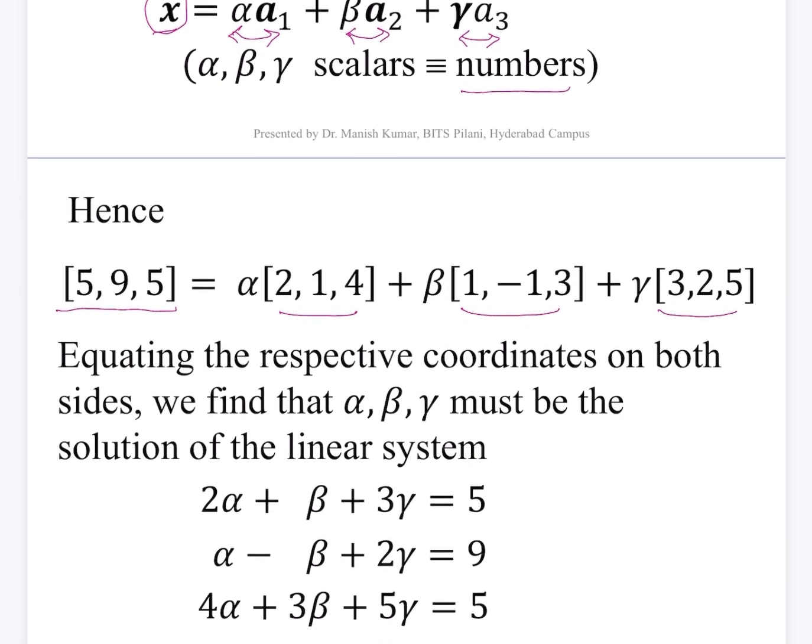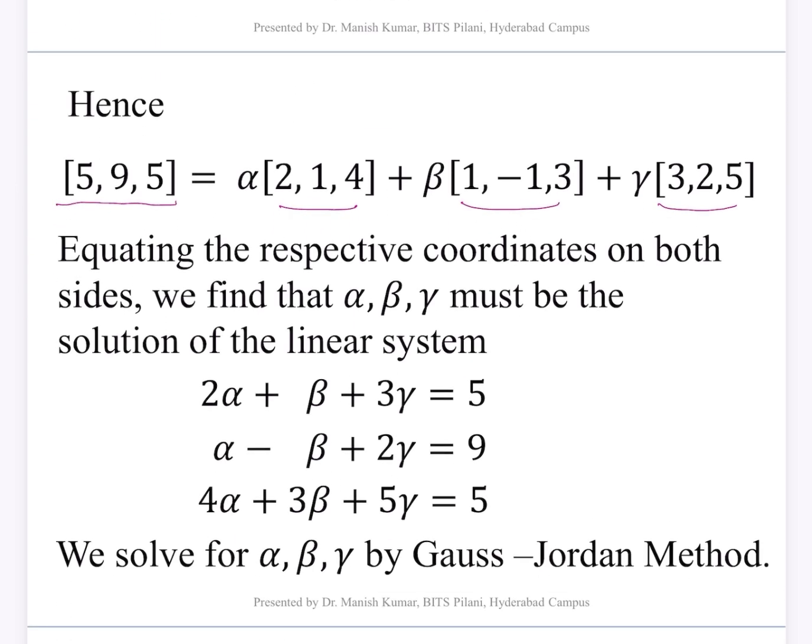Now when you equate this equation, as you know, two vectors are equal, left-hand side and right-hand side, provided their components are equal. So we write 2 alpha, alpha, 4 alpha plus beta, minus beta, and 3 beta from the second vector, plus 3 gamma, 2 gamma, and 5 gamma.